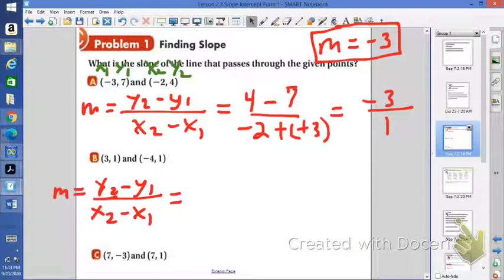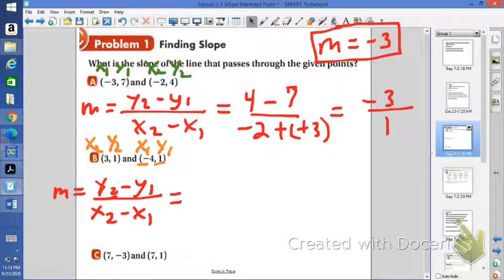I'm going to come up and label my points, and this time I'm going to label this as my x sub 1, and this is my y sub 1, and this is my x sub 2, and this is my y sub 2. So notice that it doesn't matter which point you pick to be your x1 and y1, or your x2 and y2. Just know that if this is your x1, then that has to be your y1. So the numbers kind of have to match.